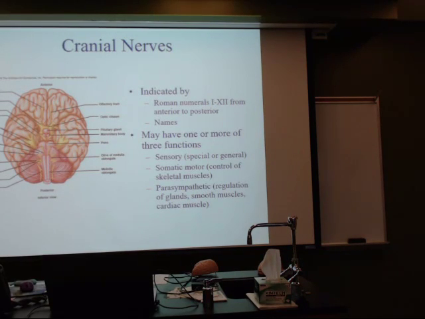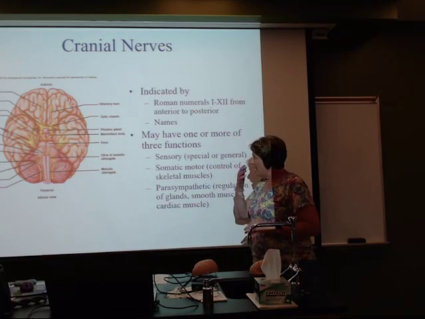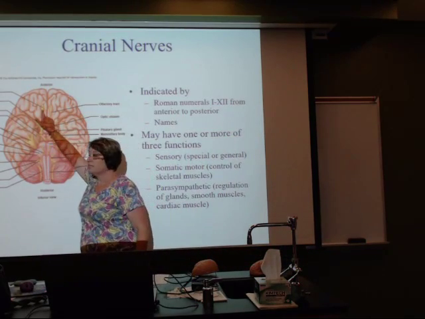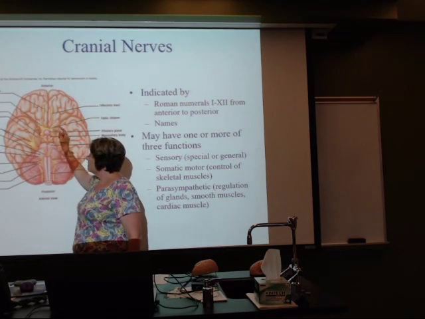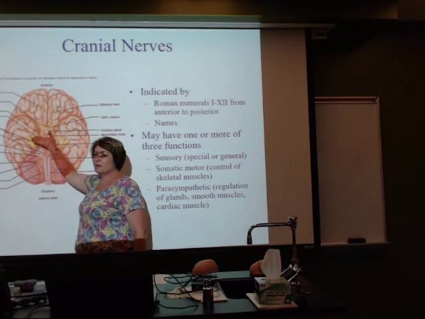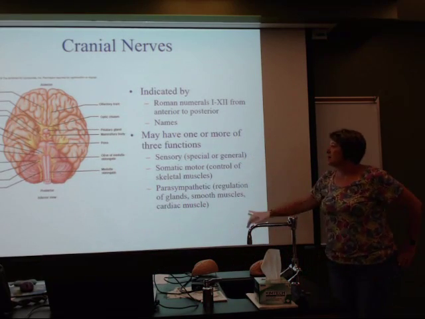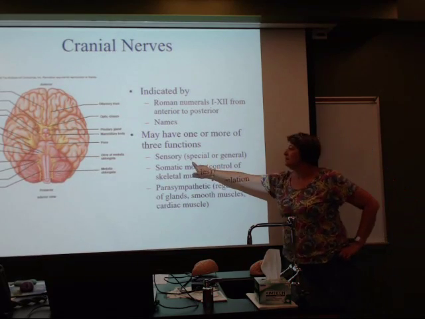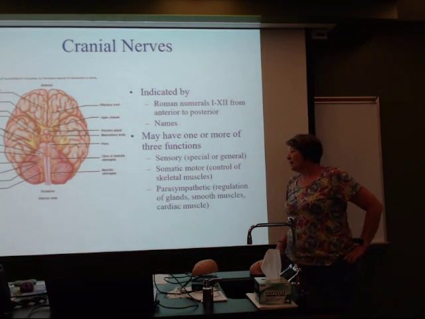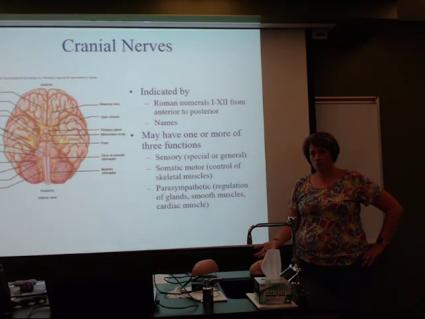Their names are interesting because you're going to have our olfactory, these 2 little bulbs right here, optic, oculomotor, they're in order, except for 2. They are either going to be labeled as being sensory or motor or both.